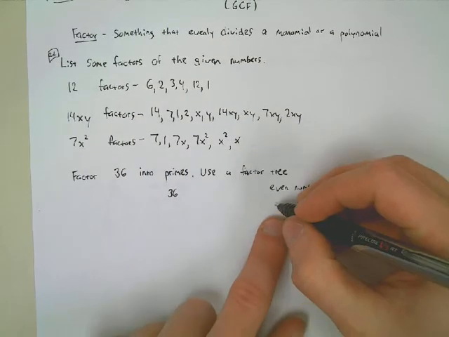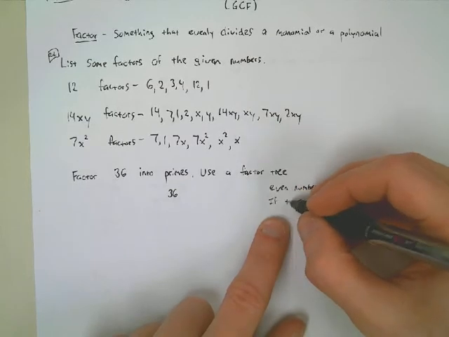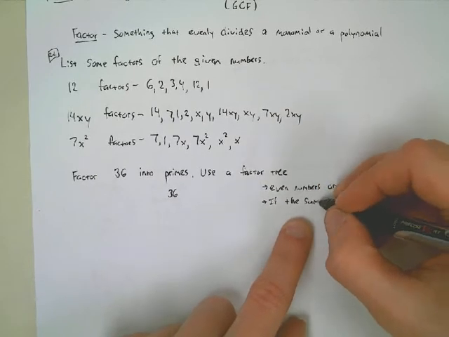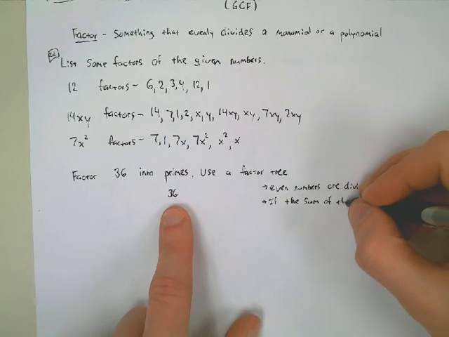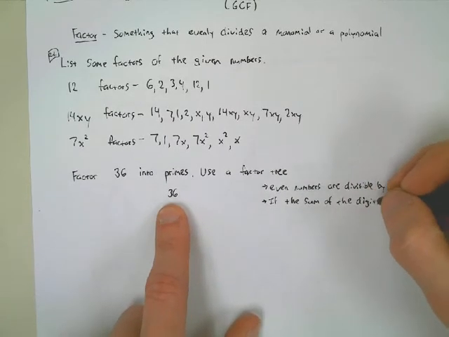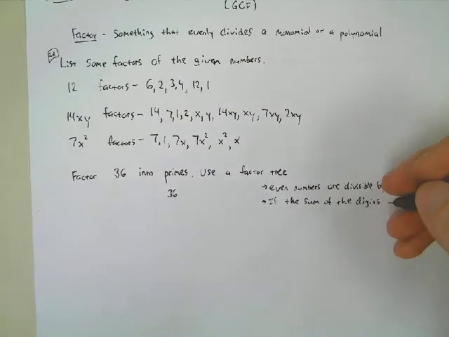Another trick is the sum of the digits. What would the sum of the digits here be? 3 plus 6, which is 9. Is 9 divisible by 3? 9 is divisible by 3, so 36 will also be divisible by 3.